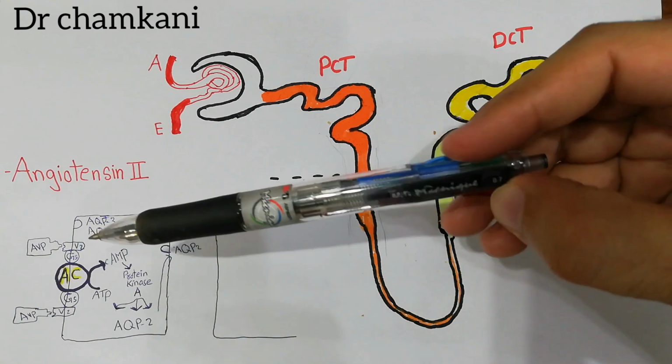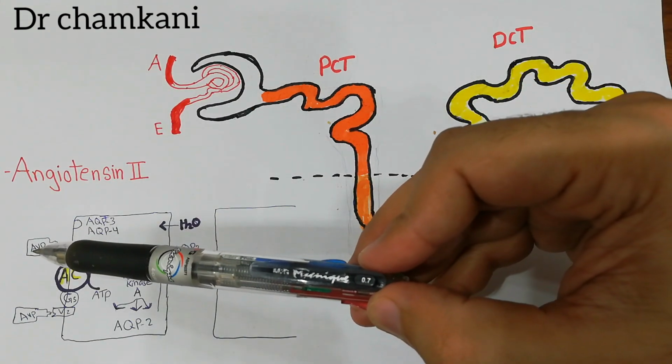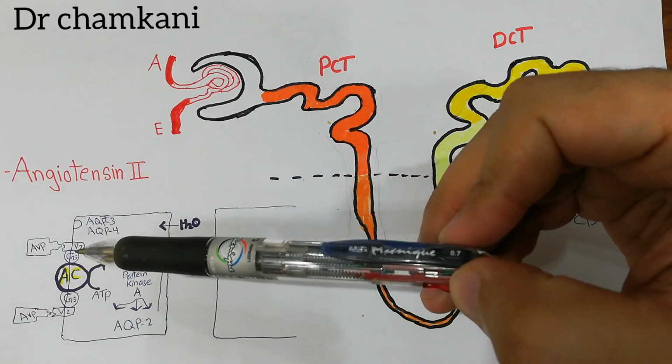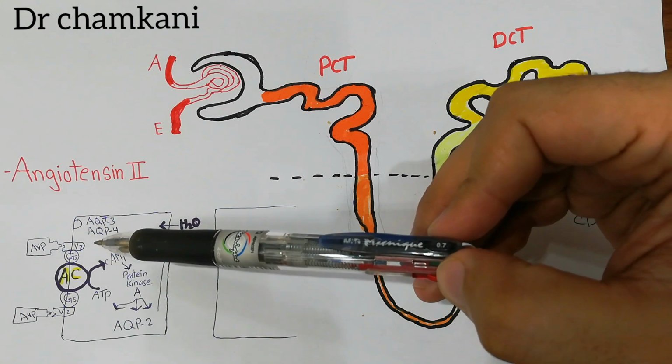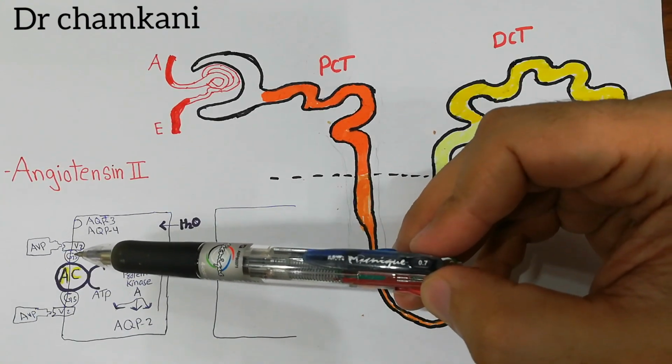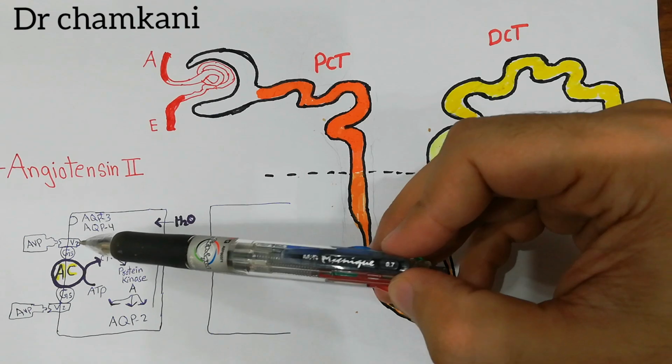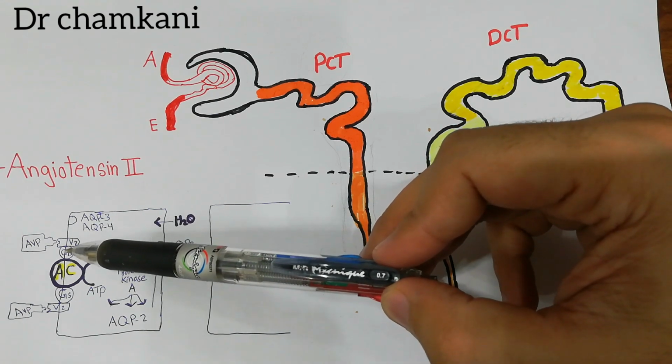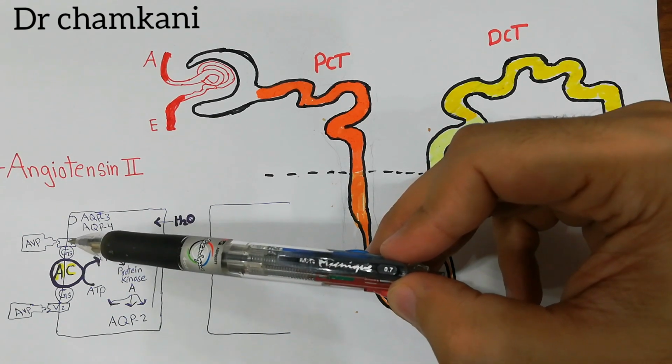On the basolateral membrane, the AVP, the arginine vasopressin, binds to the V2 receptor, which is the vasopressin receptor. The V2 receptor is coupled with a G stimulatory protein.